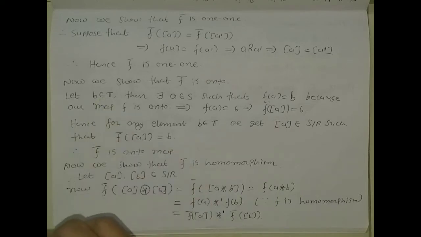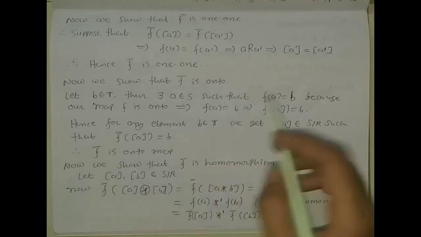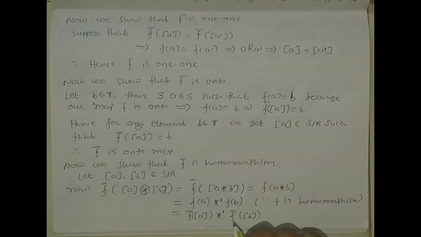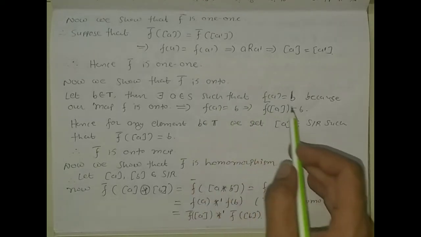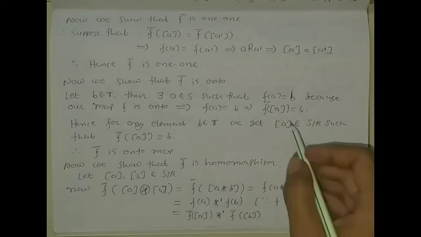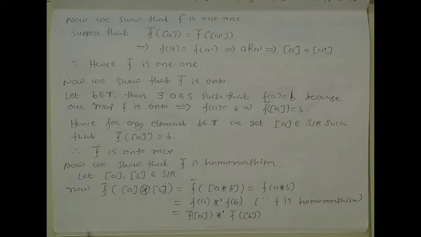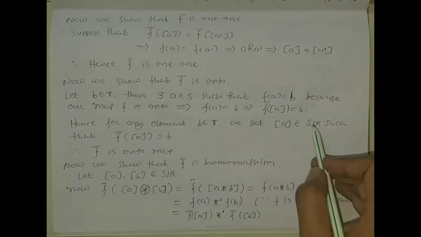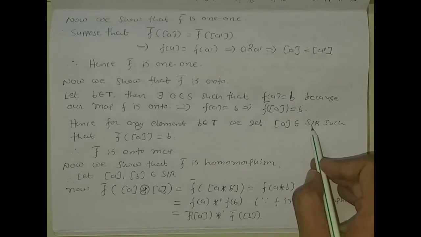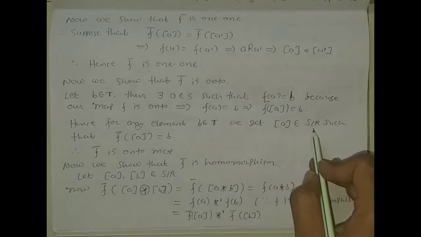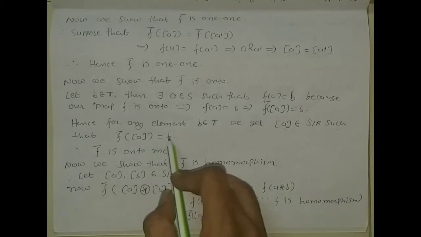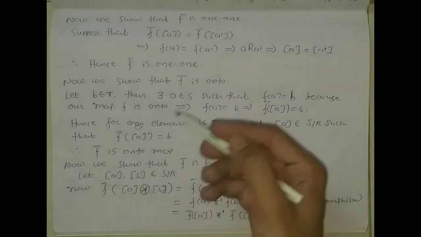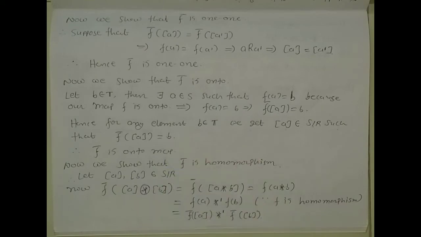So for element B belonging to T, we get A belonging to S such that F of A is equal to B. But F of A is equal to F bar of equivalence class of A. This is equal to B. Hence for any element B belonging to T, we get the equivalence class of A belonging to S quotient R such that F bar of equivalence class of A is equal to B. So from this discussion we can say that F bar is an onto map.